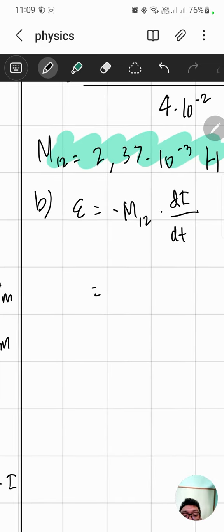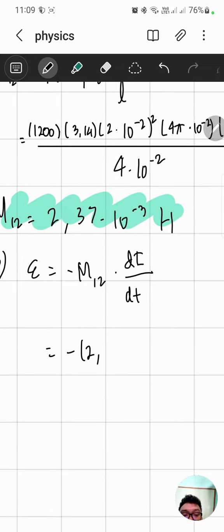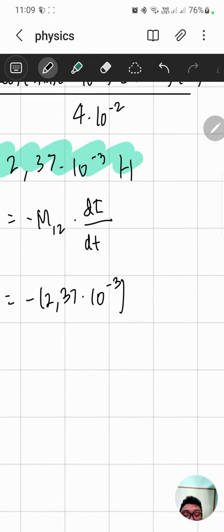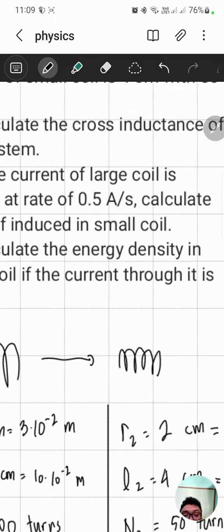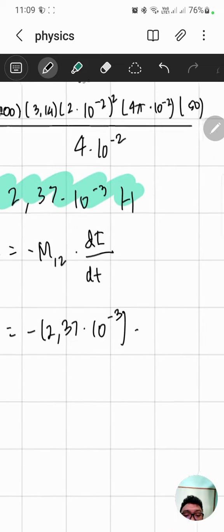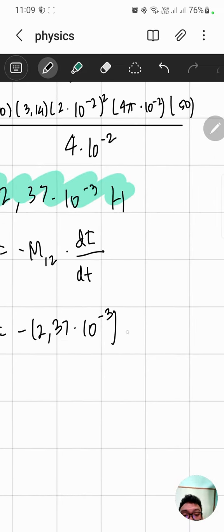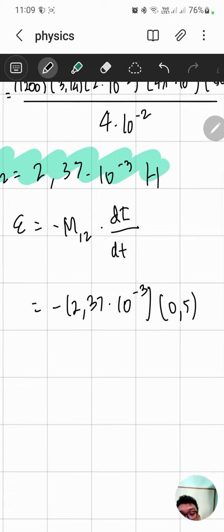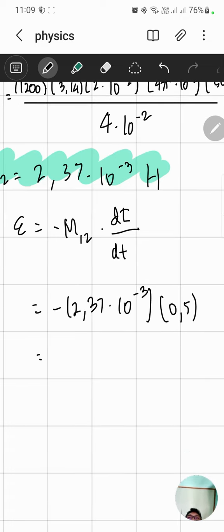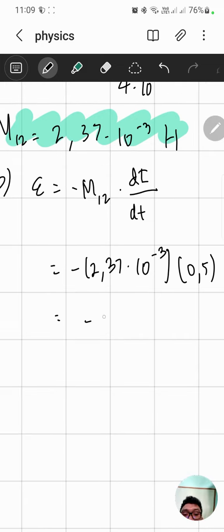So this is minus 2.37 times 10 to the minus 3, and di over dt is known as 0.5. Calculating with 0.5, the result is minus 1.19 times 10 to the minus 3.